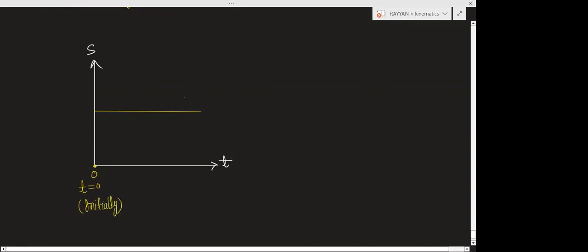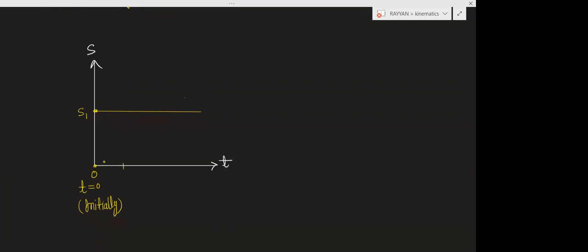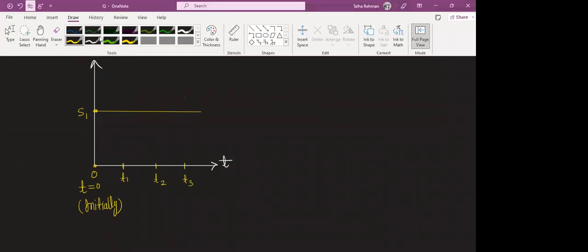So initially there is some value of displacement, suppose S1. So initially there is some displacement, and as the time is changing, suppose this is T1, and after time T2 and after time T3, we will check whether the displacement is changing or not.